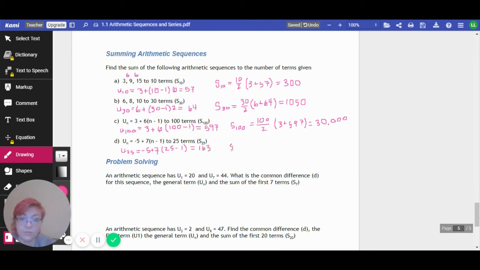So the sum of the first 25 terms is equal to 25 divided by 2 times the sum of the first term, -5, plus the 25th term, 163.